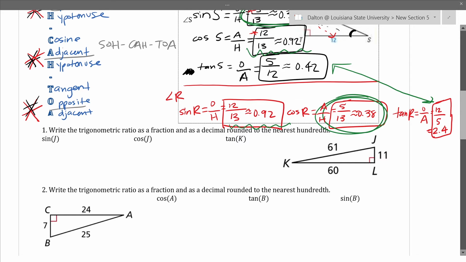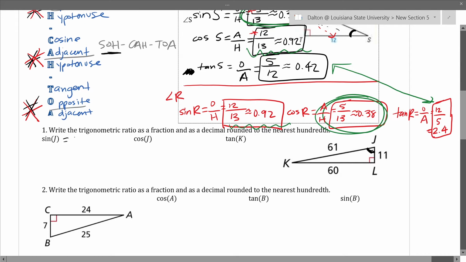Okay, so the first one, the sine of J. So pretend you're standing at angle J. How do you find sine? If we use SOHCAHTOA, sine is opposite over hypotenuse.